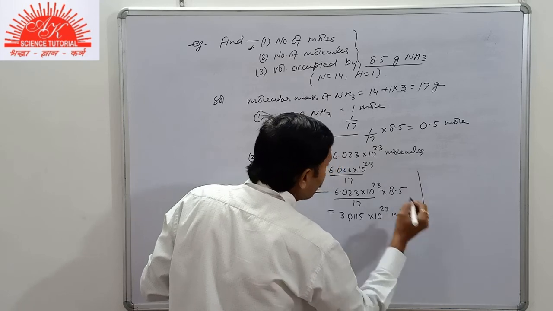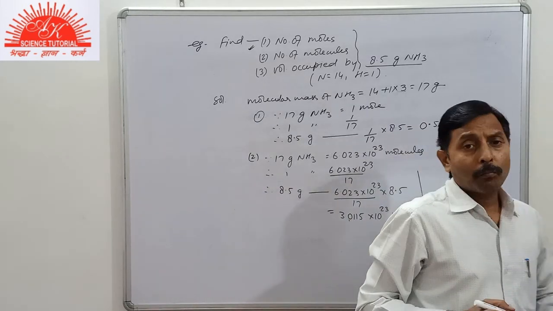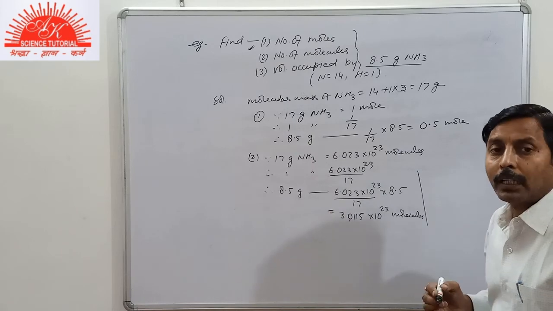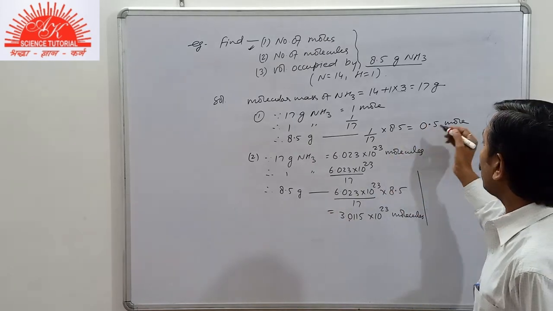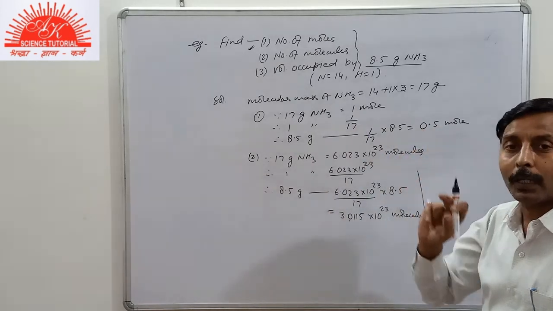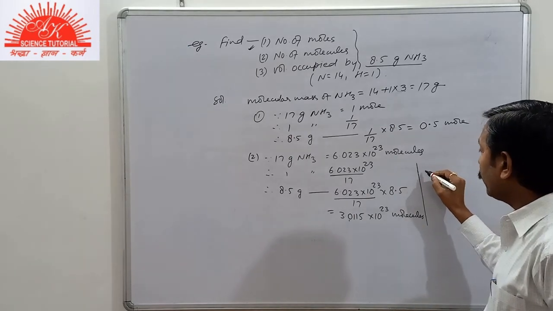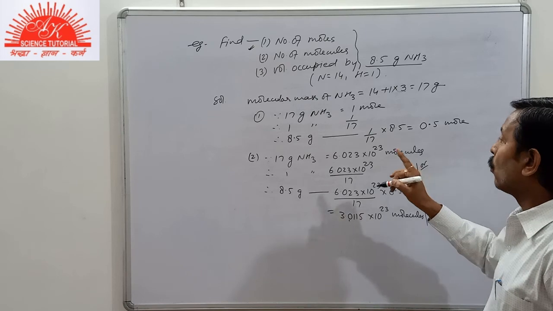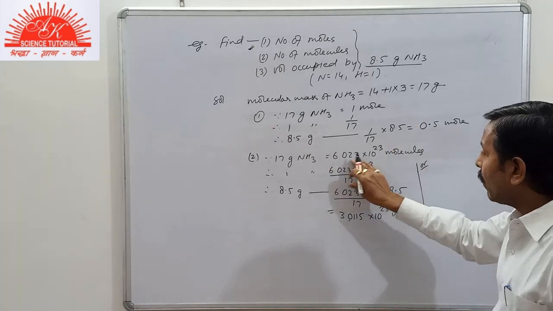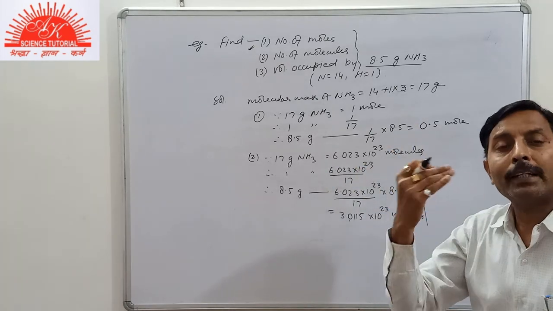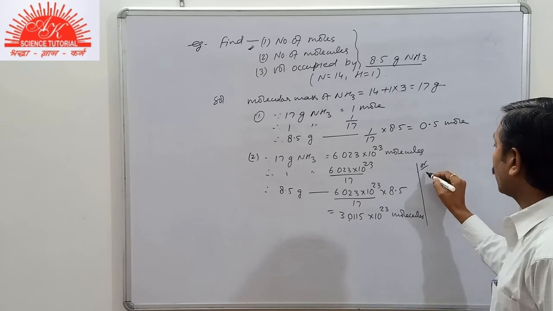So we have used the basic method, but you can also use the shortcut method here. Since you have calculated the number of moles in the first part, and as you know that 1 mole of every substance will have this number of molecules, just multiply it with the number of moles.